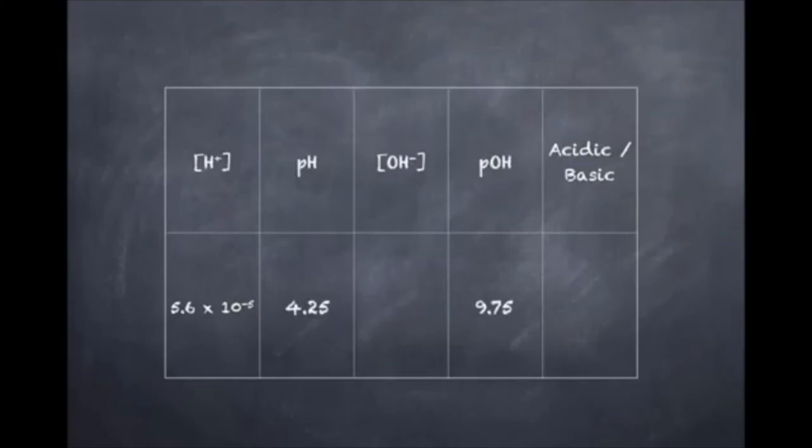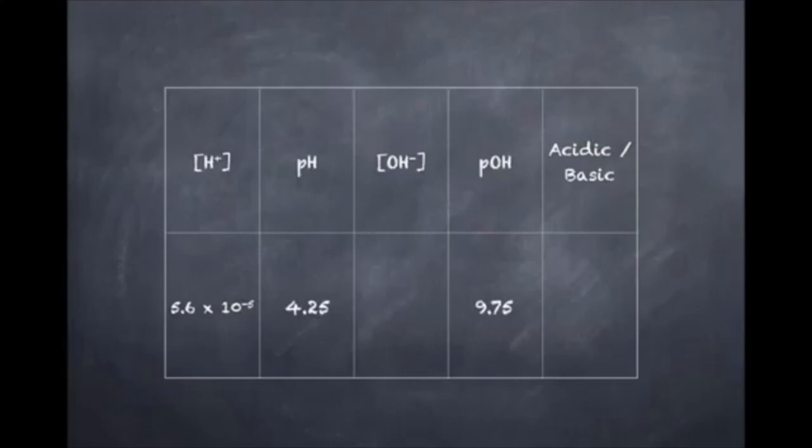Now keep in mind your pOH equals the negative log of your concentration of hydroxide ions. Remember, there's an implied base 10 for your log. And so to solve for your concentration of OH, I'm going to take 10 and raise it to the negative 9.75.